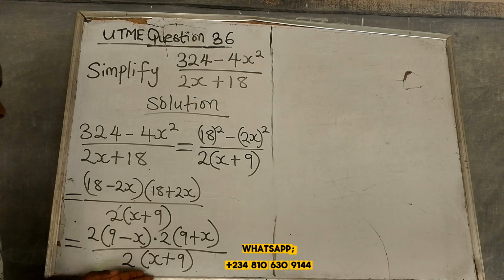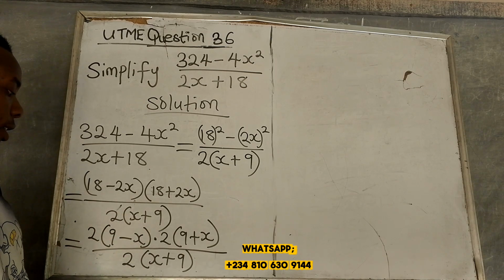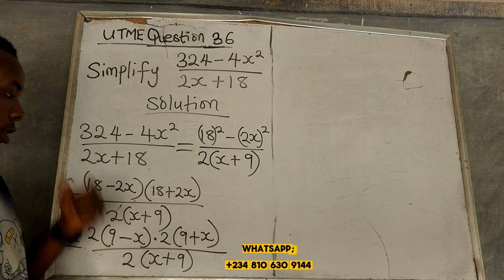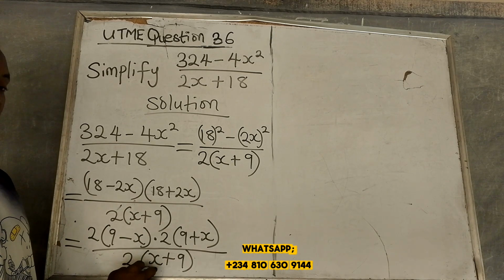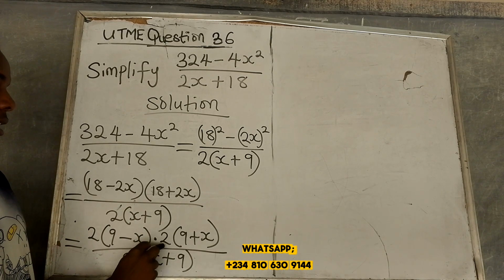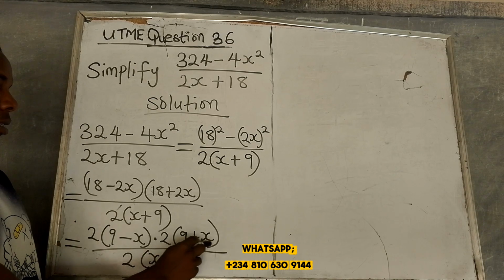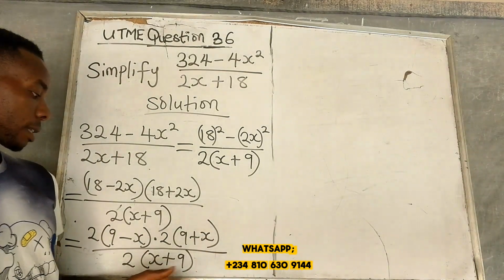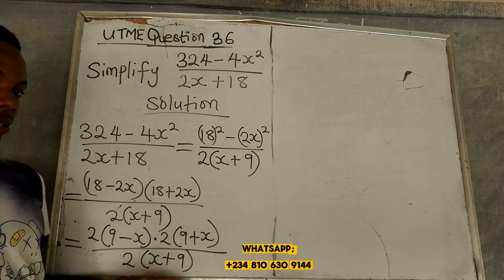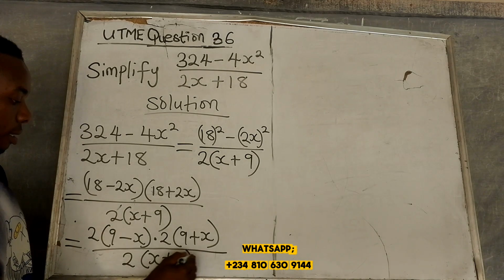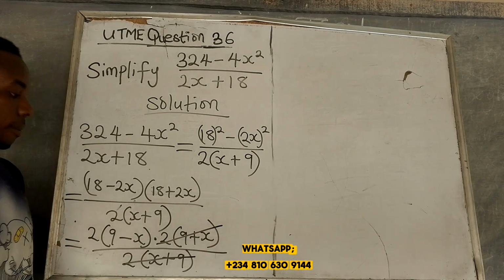Now, if you look at the numerator and the denominator, you find something very common. We have here 2(x plus 9), and then 2(9 plus x). Now, 9 plus x and x plus 9 is the same thing. That means this can cancel out this.